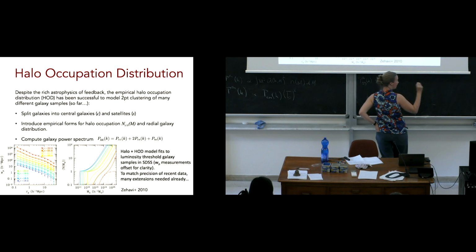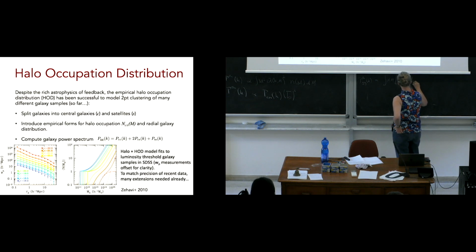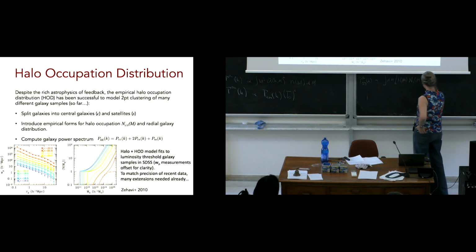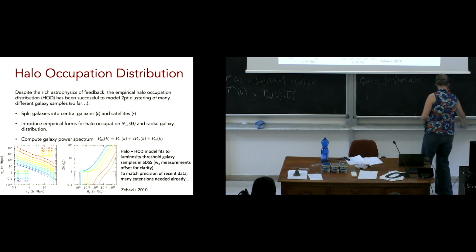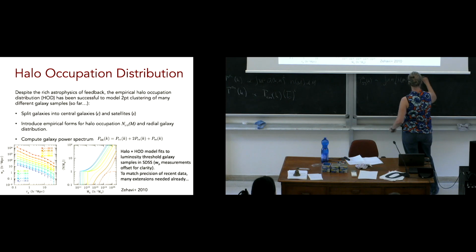So that means we have our halo occupation for centrals. So these are now pairs of central and satellite galaxies. And then we have the radial density profile of the central galaxy.